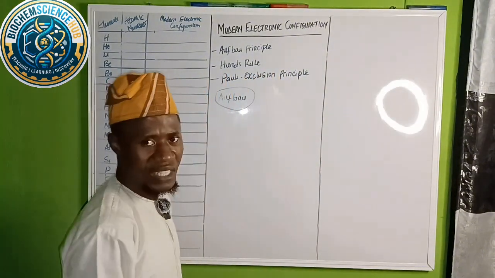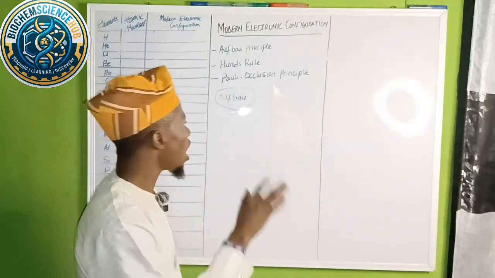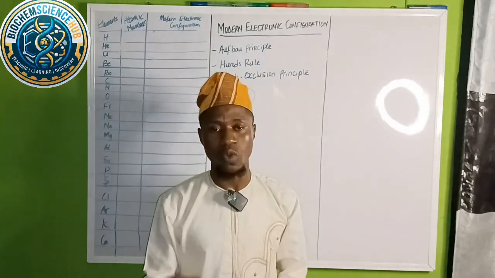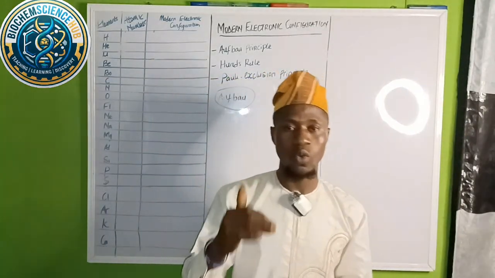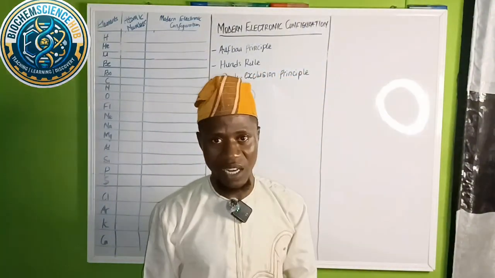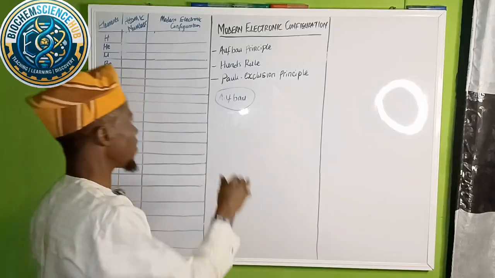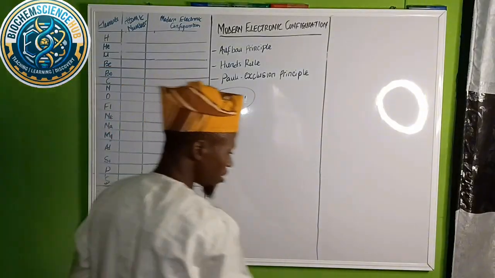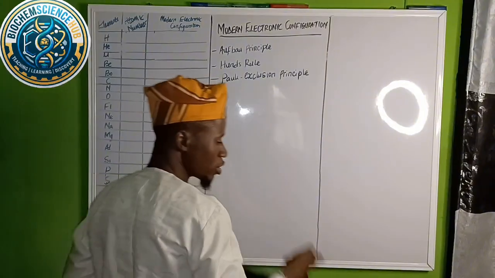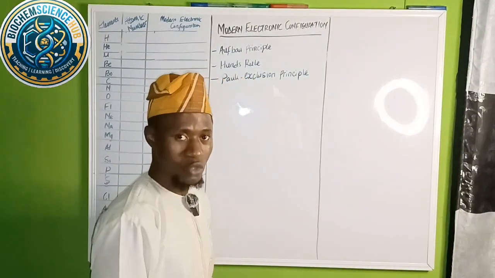So when you remember this word, you should know that the Aufbau principle states that electrons must occupy the lower energy level before moving to the higher energy level. We are going to break everything down here today, and those energy levels also, we are going to talk about them.